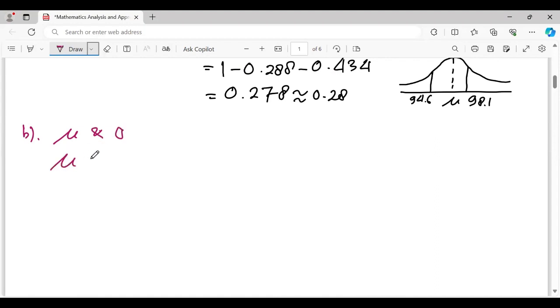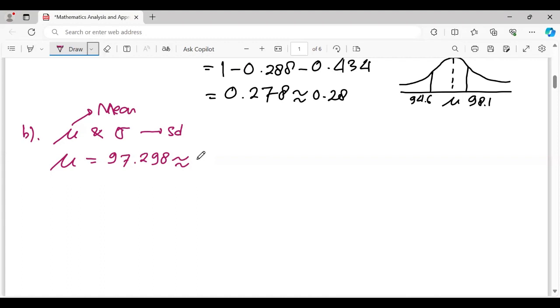So mu is, this is sigma. This is the mean, and this one is the standard deviation. So mu equals 97.298.